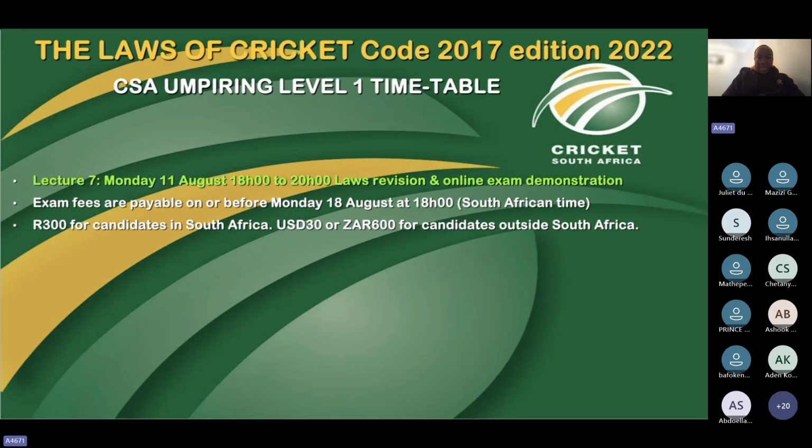The payment methods have been emailed on all lecture reminder and all course material and logistics emails that I've been sending out. The payment by candidates in South Africa needs to be via electronic funds transfer to the Standard Bank account of Western Province Cricket Umpires Association.